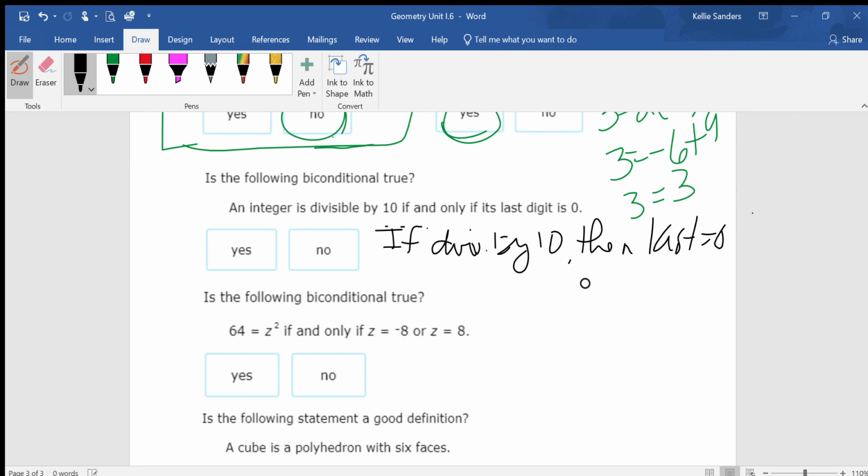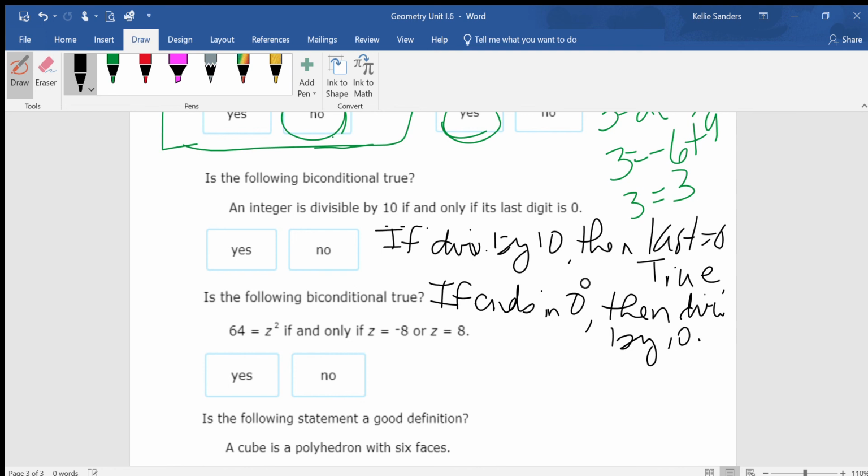That's true. If it ends in 0, then it's divisible by 10. That is also true. So both of them are true, so it's a yes, that they are true.